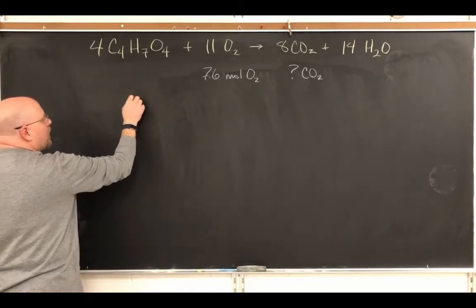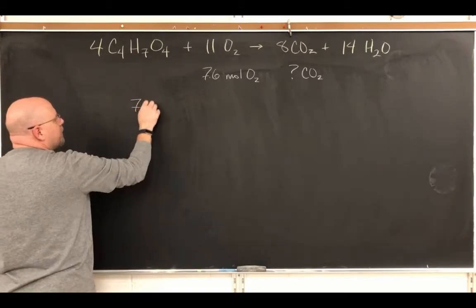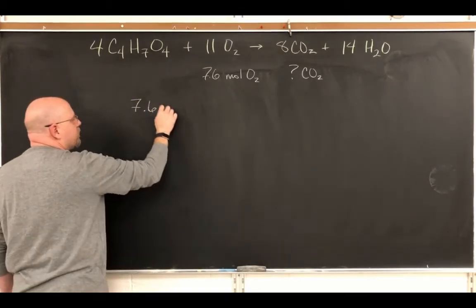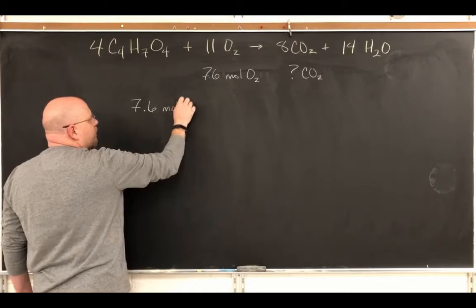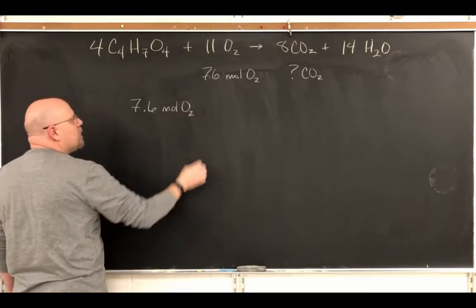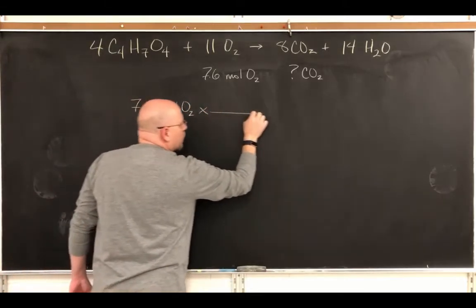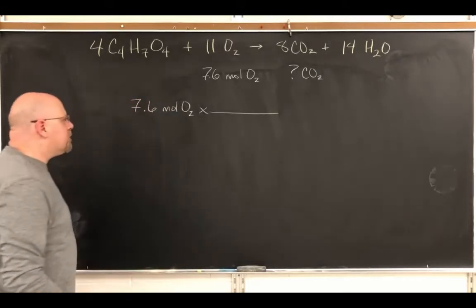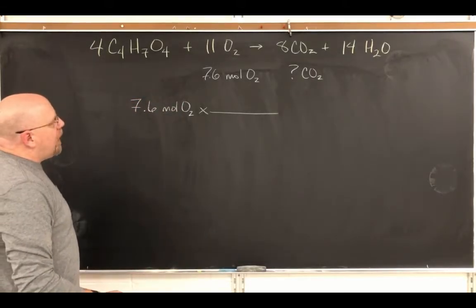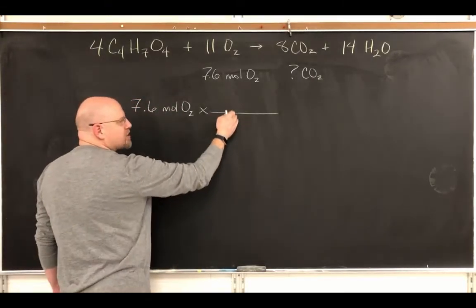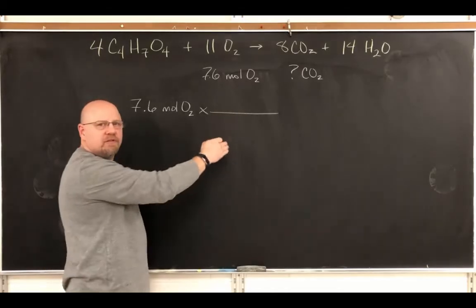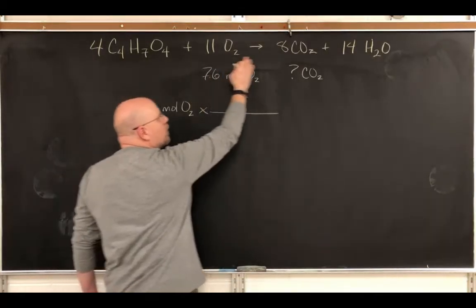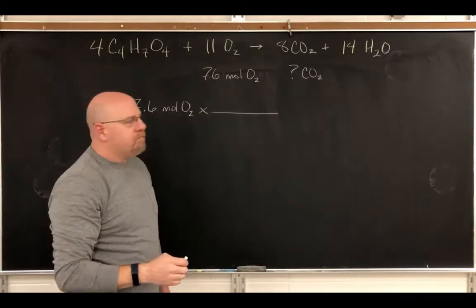So we always start off by writing out the value that we are given. We know that we have 7.60 or 7.6 moles of oxygen. We need to convert that. So we're going to set up a conversion fraction. And in our conversion, this is where our coefficients are going to go.